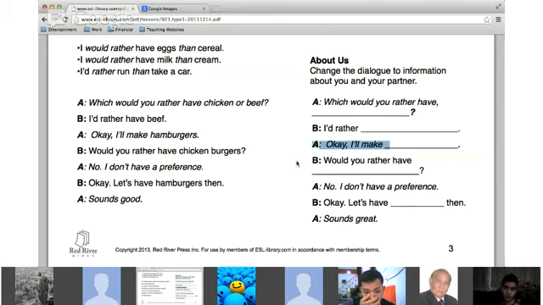Would you rather have the other one? Would you rather have Japanese food? All right, your answer here would then be right here, Mohammed.